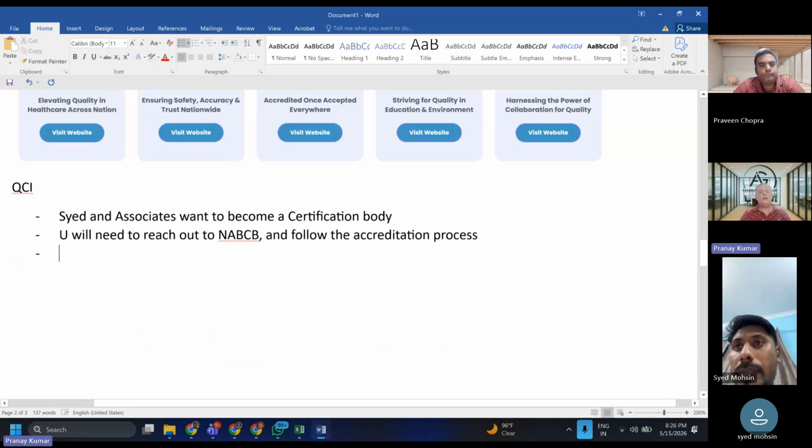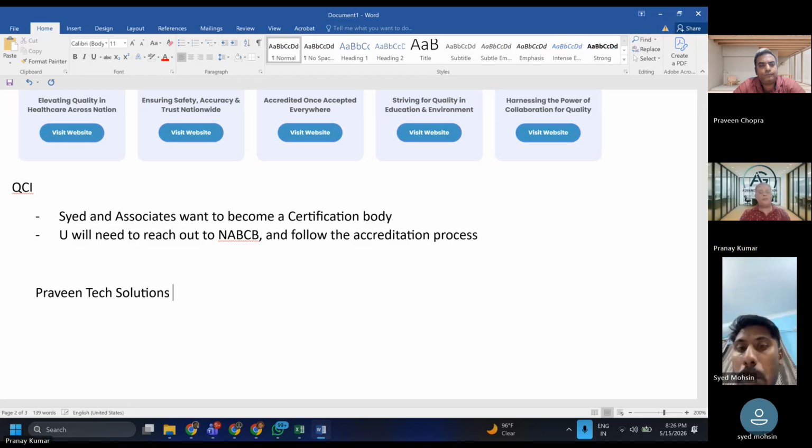Now let's take situation number 2. Praveen Technology Solutions is an IT company and wants to get itself certified for ISO 27001.